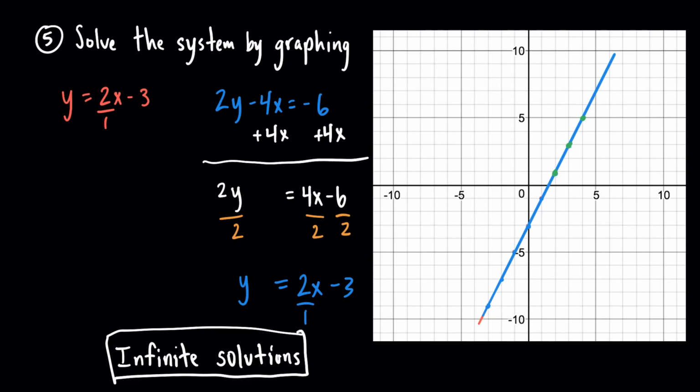There's one place where the lines cross that works for both equations. But this is a weird case where technically you could go on forever, right? If you just look at the line here with me, you could find all of these solutions and they would go on forever, even past where this line is. And so you would have an infinite number of solutions.